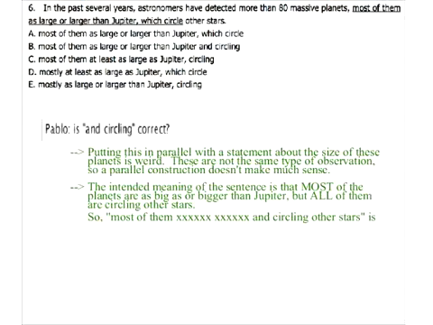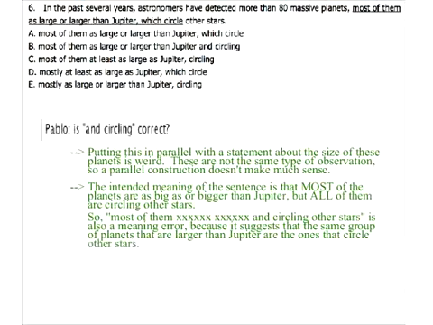Because it suggests that the same group, a subgroup of planets that are larger than Jupiter, are the ones that circle other stars. That's not the right meaning.